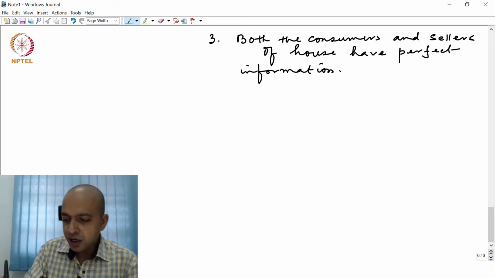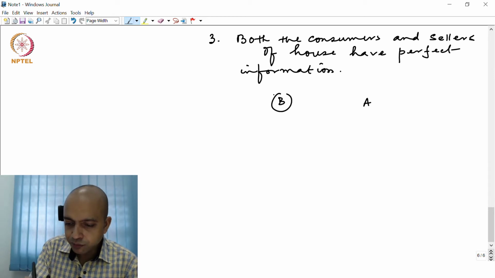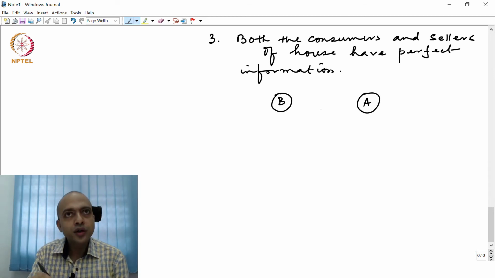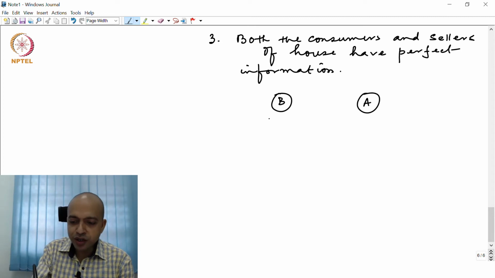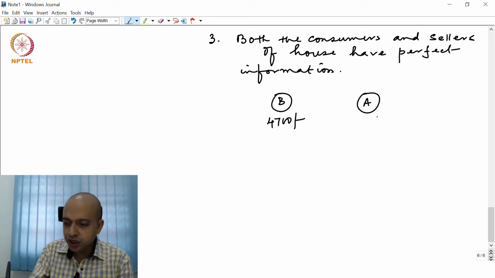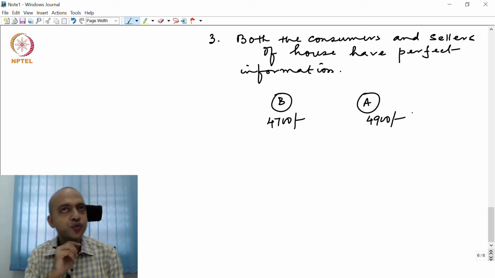I will repeat. Let us say that there are two locations, A and B. Here the housing price is 4,700 per square feet. Here it is 4,900 per square feet.